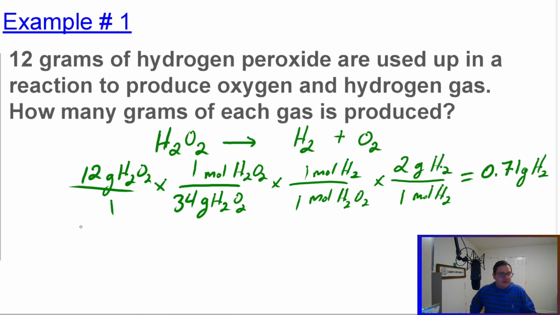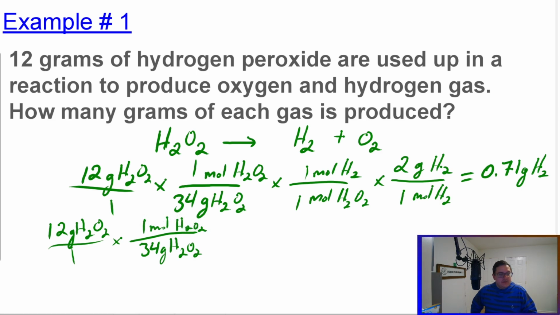So what if we do the same math with oxygen? Well, the first half is going to be the same. So it's 12 grams of H2O2 over 1, 34 grams of hydrogen peroxide over 1 mole of H2O2. I probably should have done a different color.